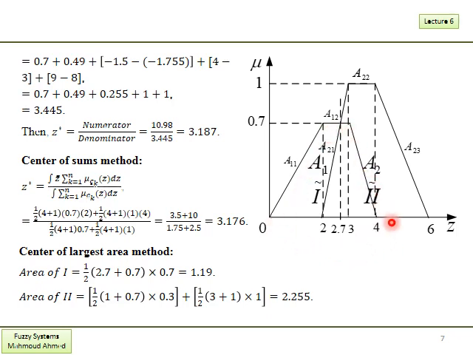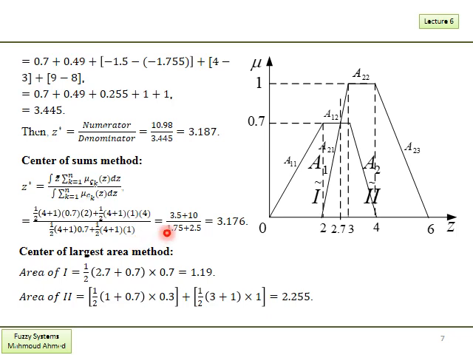So for the first membership function, the area is equal to half multiplied by the summation of the two bases of the trapezoid, which are 4 plus 1, multiplied by the height, which is 0.7, plus half multiplied by the summation of the two bases, which is 4 plus 1, multiplied by the height, which is 1, multiplied by z bar, which is half the distance, which is the value at half the base of the trapezoid, which is 4.